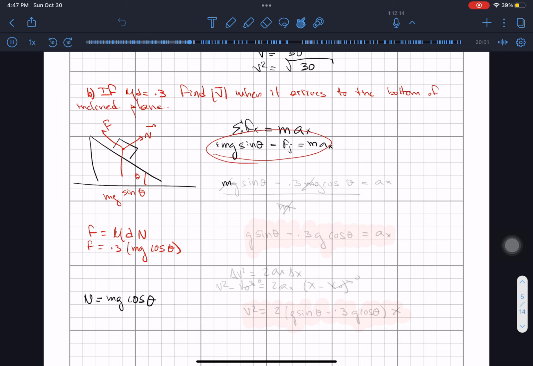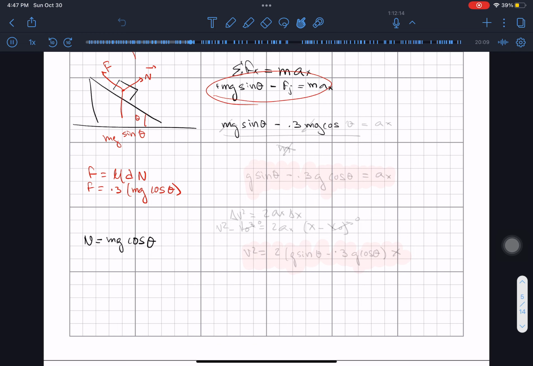So, mg sine of the angle minus 0.3 mg cosine of the angle is going to be equal to the mass times the acceleration. Now from this we can simplify the mass of the object. So it will be g sine of the angle minus 0.3 g cosine of the angle equals the acceleration.